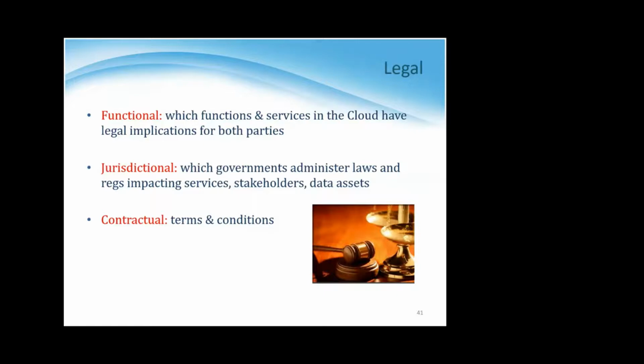So what are the functions, operations or methods adopted that have legal implications for both parties? The parties mean provider and consumer. These two have the major impact on how to manage the data or information, based upon the agreement they have signed.